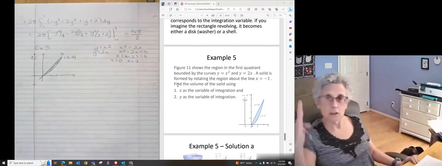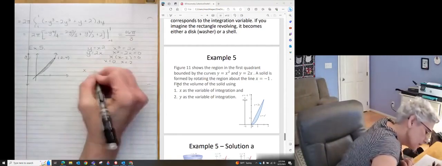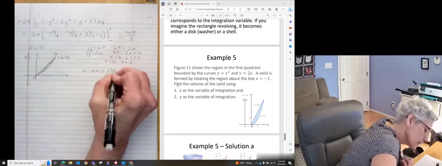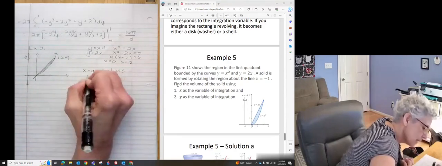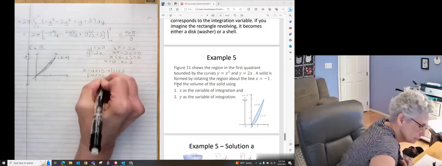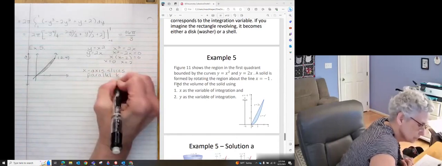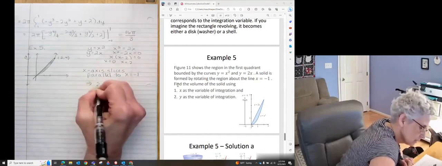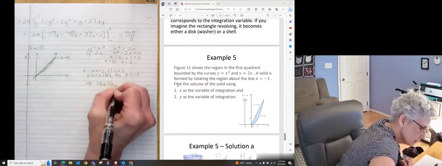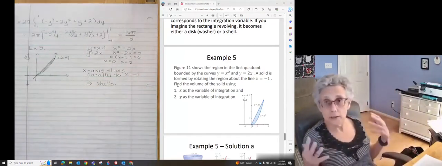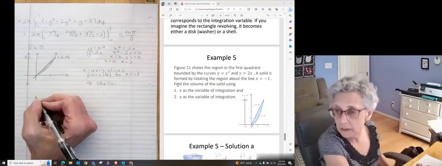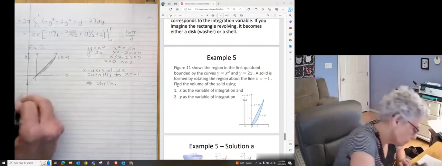If I make slices along the x-axis, they are parallel to the axis of rotation, which implies shells. So let's do the shells first because I like x as my variable of integration.